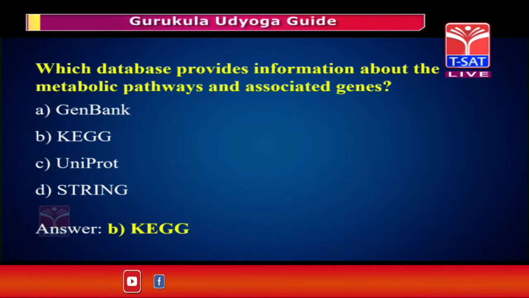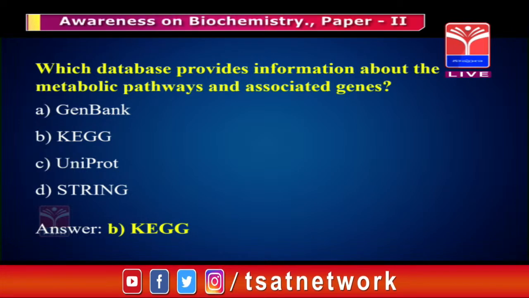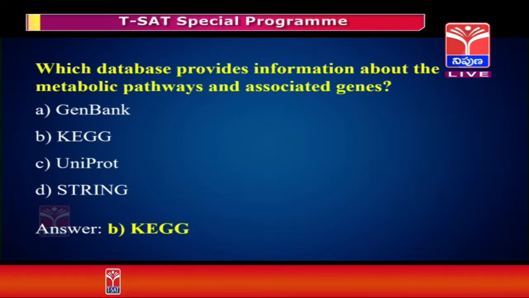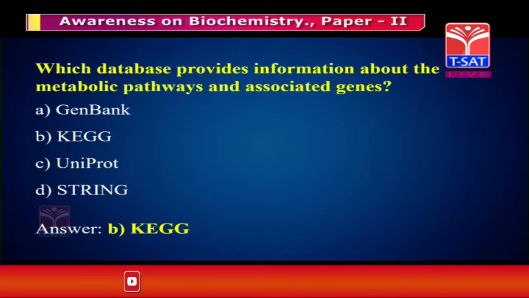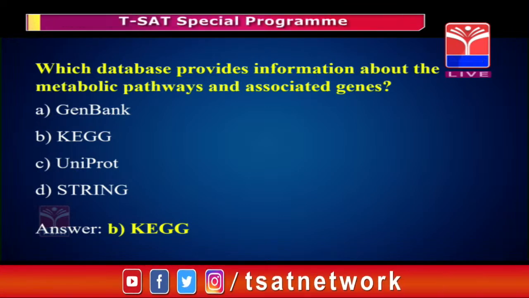Just as a model question, we'll take this: which database provides information about the metabolic pathways and associated genes. So here they're checking our knowledge on different types of databases. If you are familiar with the primary and secondary databases, you can easily rule out GenBank. UniProt and STRING belong to the protein databases.